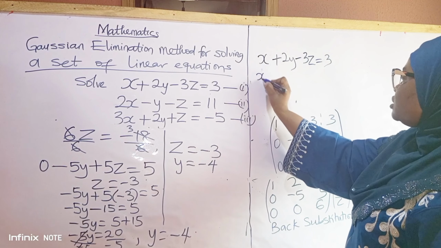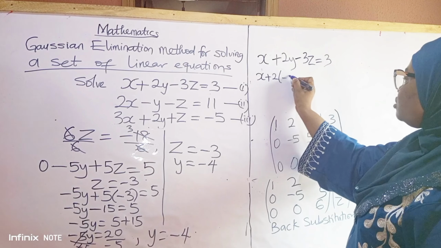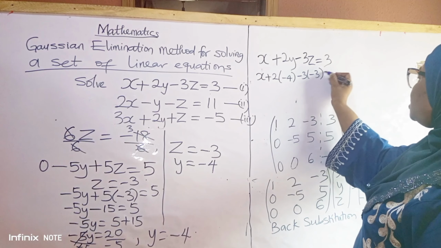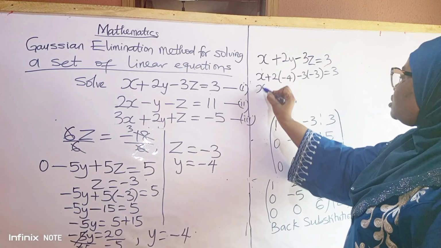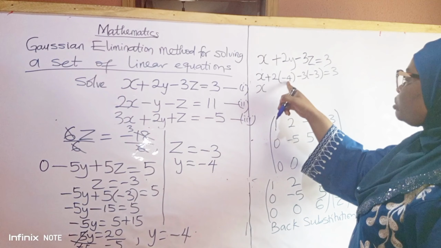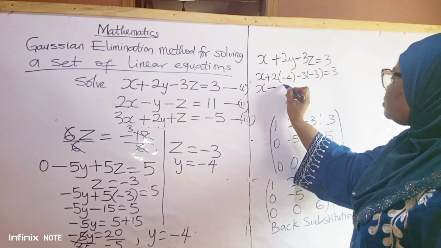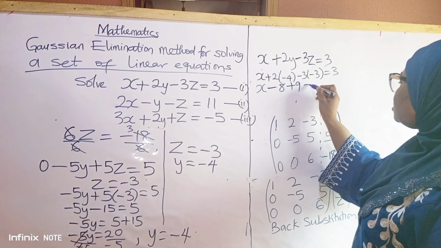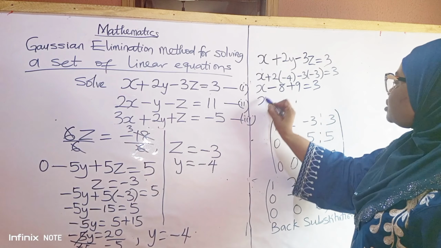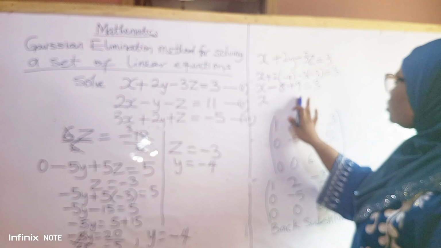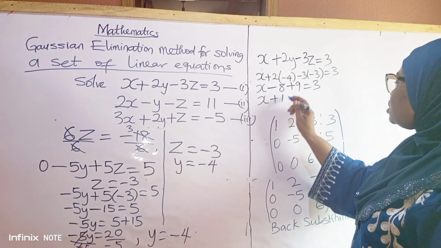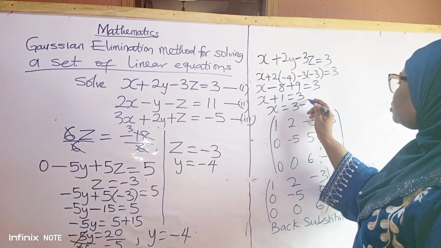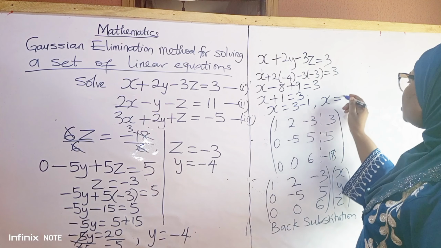So I have x plus 2 multiplied by minus 4 minus 3 multiplied by minus 3 is equal to 3. 2 multiplied by minus 4 is minus 8. Then minus 3 multiplied by minus 3 is plus 9, is equal to 3. So I have x plus minus 8 plus 9, that is 1. So x plus 1 is equal to 3. So x is equal to 3 minus 1. That means x is equal to 2.